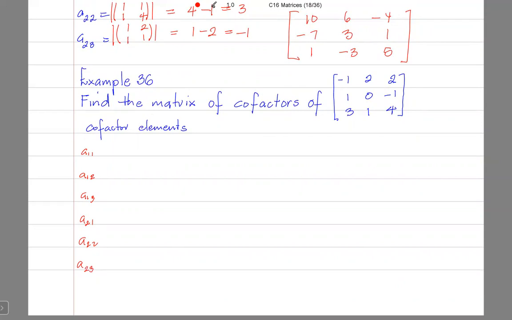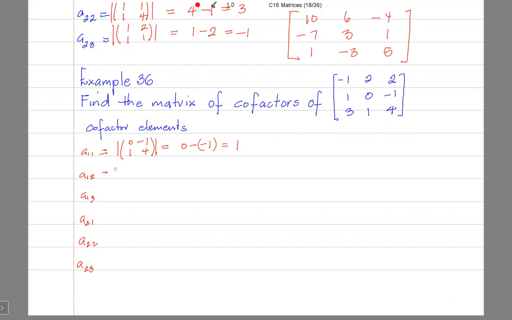So that's second row, third. So let's go and get them. The cofactor for the first element, the element in first row, first column, is the determinant of 0, 1, minus 1, 4. This is equal to 0 minus 1, which is 1.